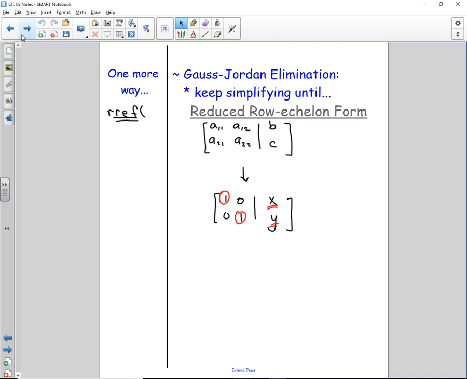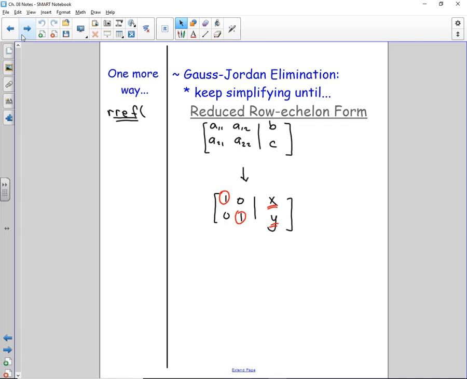For instance, if I was to take any sort of system from last chapter, we did ones with elimination, we did ones with substitution, we did ones that were three-dimensional with 3 equations, had to use REF to solve. If I were to give you any one of those systems, at this point, there is an operation in your calculator, RREF, reduced row echelon form, that, if possible, will take that system all the way to the 1s and the zeros, and then on the right-hand side will be the solutions.